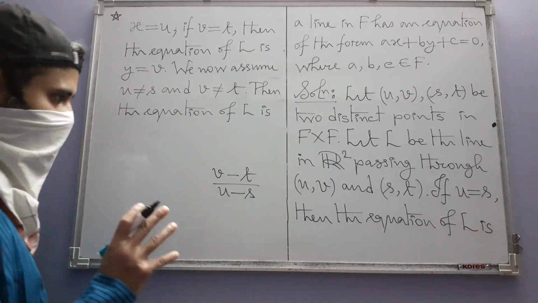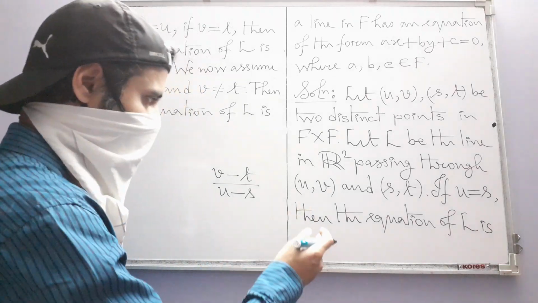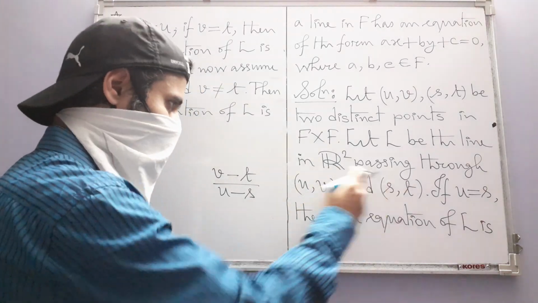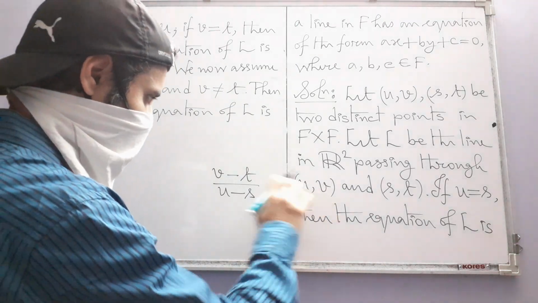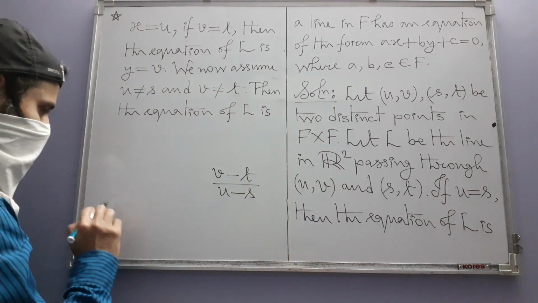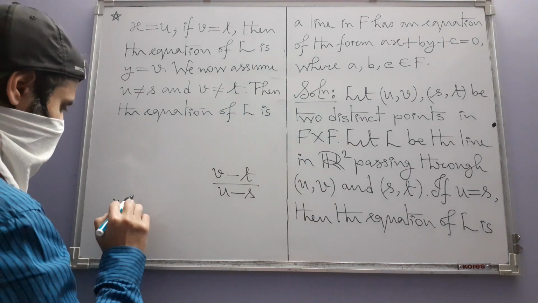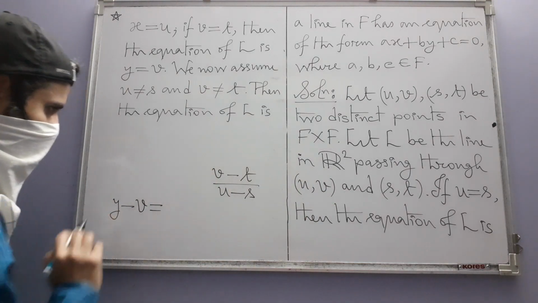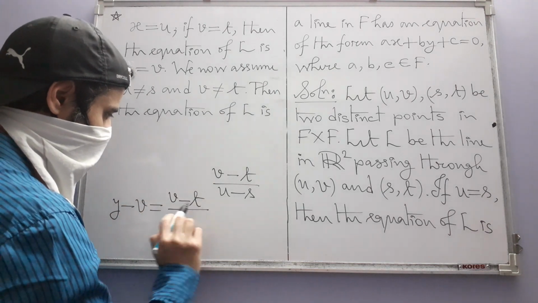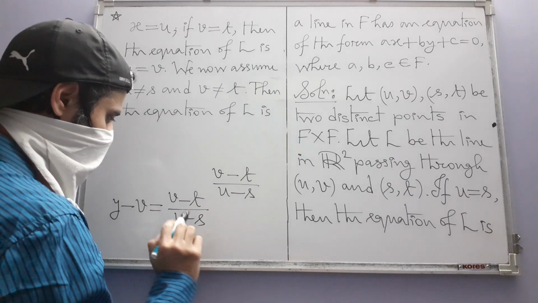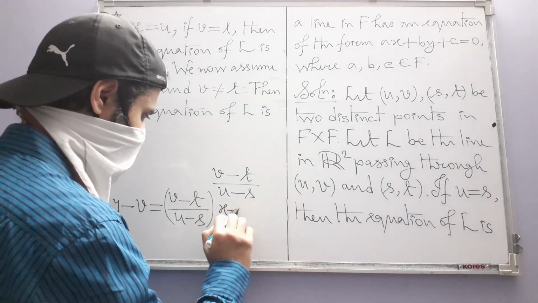And now you can use the point slope form to write the equation of L, for which you can either use this point or that point. Ultimately, we are going to get the same equation. So if we use this point, then the equation will look like this: y minus y coordinate equal to the slope times x minus x coordinate.